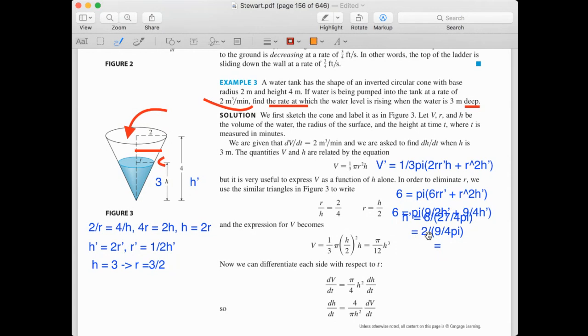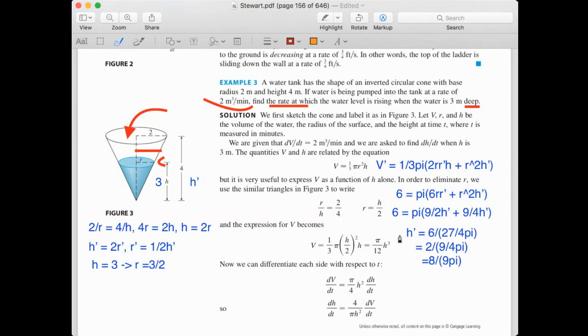My numerator 6 and my denominator 27 have 3 as a common factor, so I'm dividing by 3. I got 2 over 9 over 4 pi. Now, 2 divided by 9 over 4 pi is 2 times 4 over 9 pi. That's 8 over 9 pi. Okay, that's it. That's our h prime. Oh, did I make a mistake?